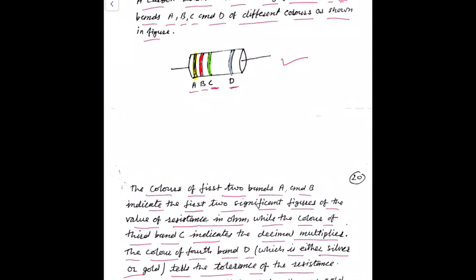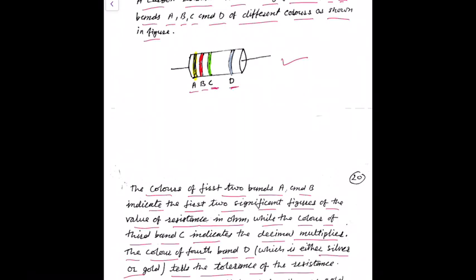The tolerance of a resistor tells you how far, in percentage, from its nominal value the actual measured resistance of that resistor may be.